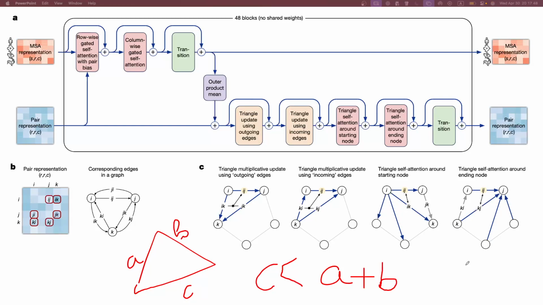So what we can conclude is that IJ plus KI will be greater than JK, and given this knowledge and this relation, we can update these edges based on what we have adjusted in other edges. This is somewhat like a sanity check to make sure that in this triangular pair, no C is greater than A plus B. This is basically just forming triplet relations instead of pairwise, which they call triangular attention.